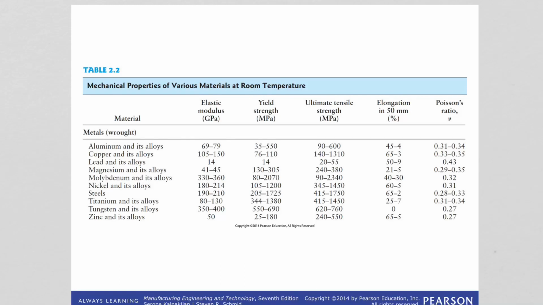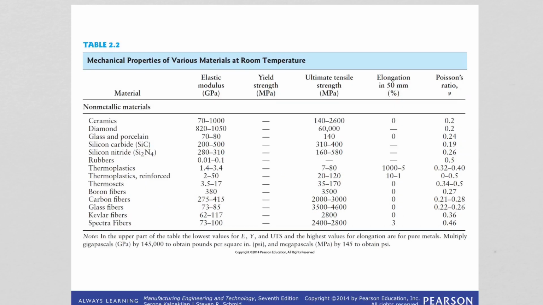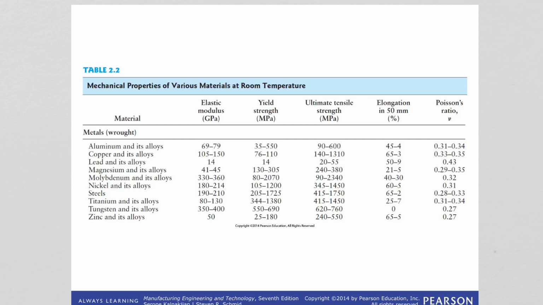So in this table we are seeing mechanical properties of various materials at room temperature. Say aluminum alloys, copper, lead, all metals in this table, and in the next table there are other materials also: glass, fibers and polymers, ceramics.